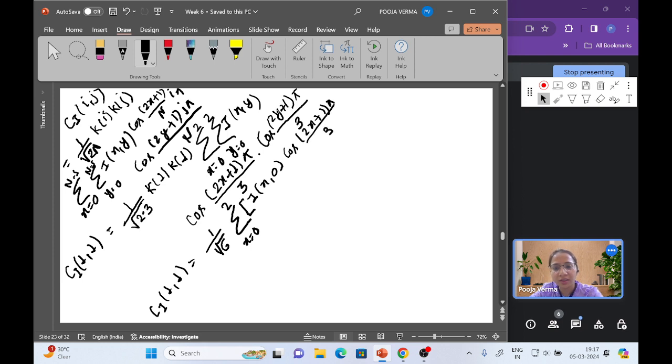Here if we put y equal to 0, then what will we get? Cos, here we put 0, so that will be 0. So what is left? Plus 1 only. So cos pi by 3, right?